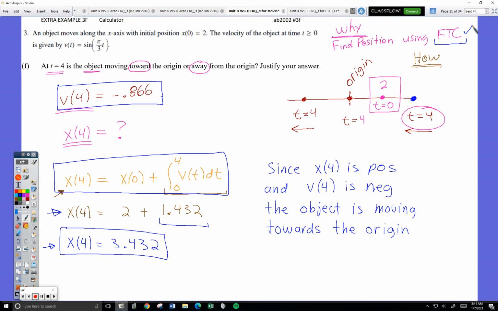By stating the velocity, by stating the position, by showing that they're positive and negative, and then saying the object's moving towards the origin, they'll give you 1 point for the correct answer. They won't give you the point for justifying. So justifying is, in part, you simply learning what they expect. Yeah, they expect to see this.